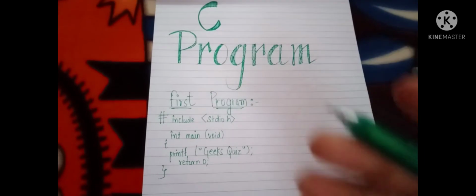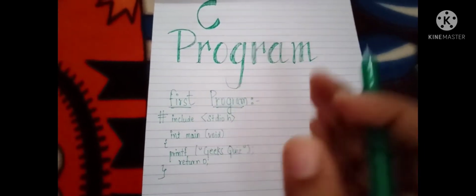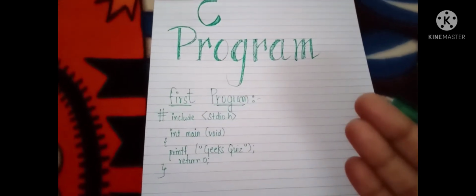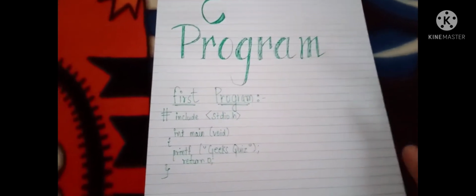This is just a simple program in C, just the basic program we have written in C. Many more programs are there that we have to write, and many difficult programs are also there.